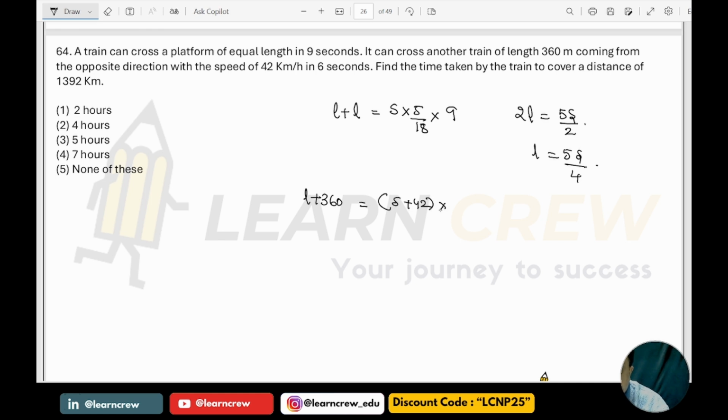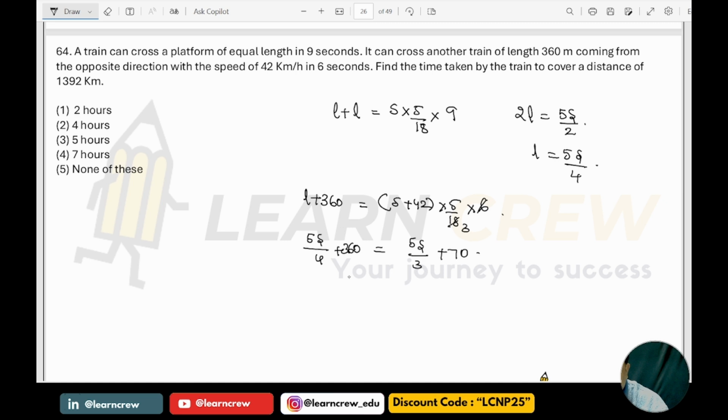S plus 42 into 5 by 18 with a time of 6 seconds. So from this, how much have we got here? L is equal to 5S by 4, so 5S by 4 plus 360 is equal to 5S by 3 plus 70.